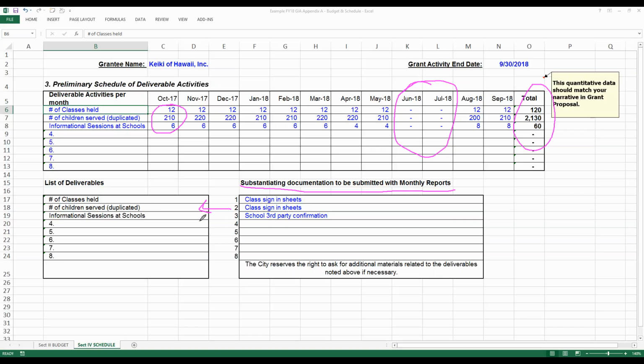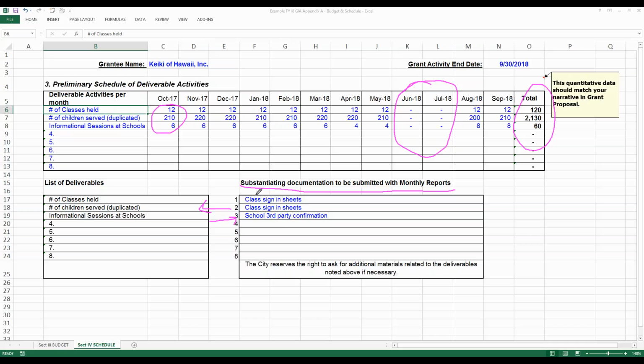For the information sessions, they will be asking the schools they attended for confirmation, because Grants in Aid does not accept self-reporting. We're looking for some third-party confirmation attestation that you did go out and do these events. So again, very important, look at your records, what you can provide to verify your grant deliverables on a monthly basis.